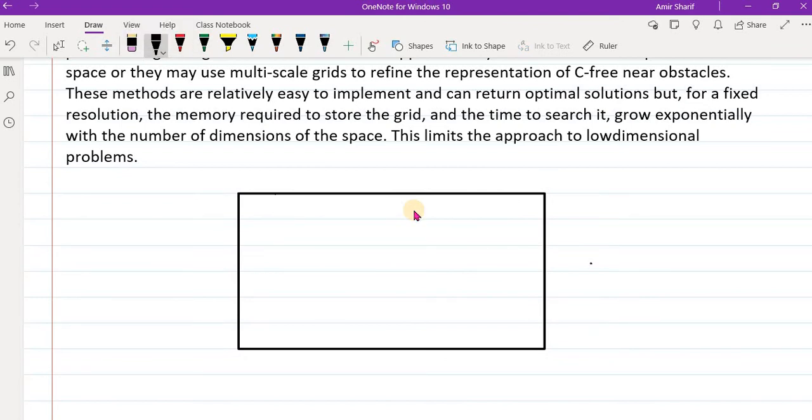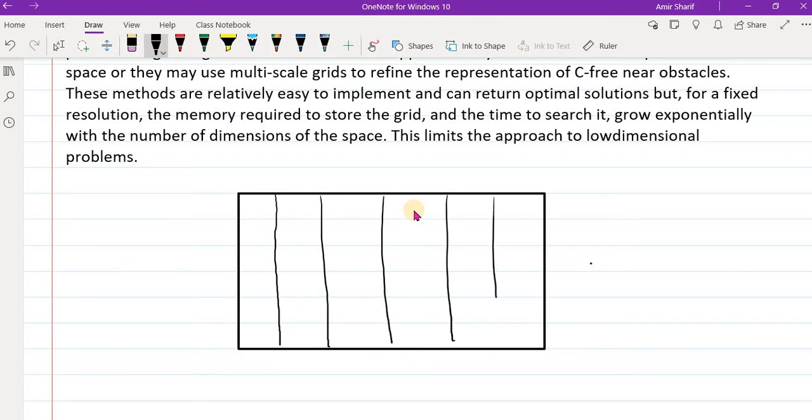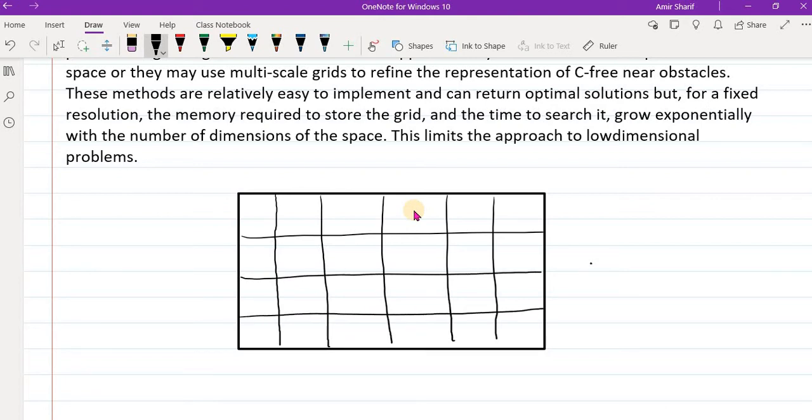It just creates a grid like this, and in this grid you have some obstacles. So let's say if you have an obstacle somewhere like this, then because of this obstacle, this whole grid cell will become an obstacle.